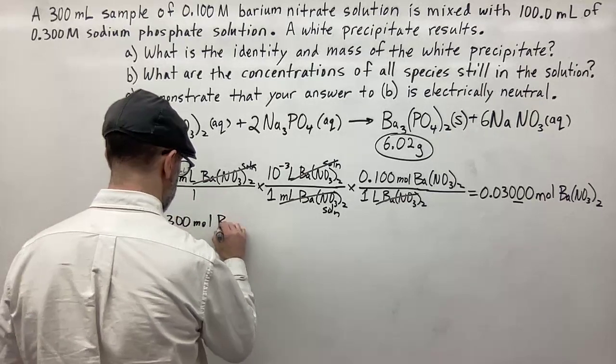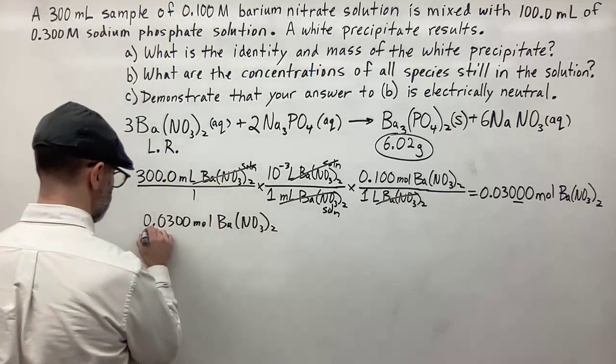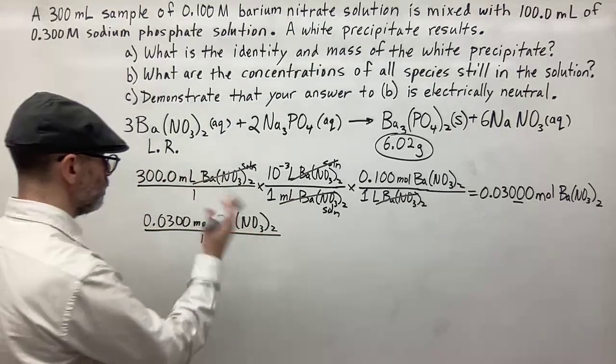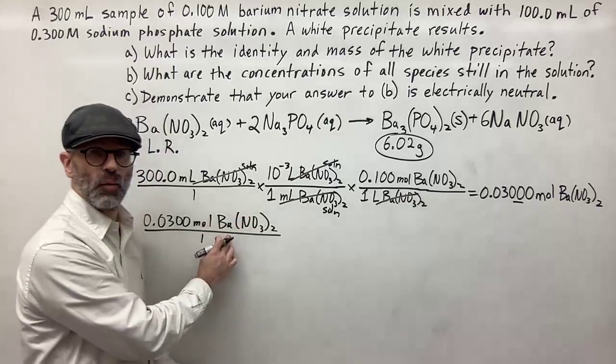If we convert this to moles of barium, for every 1 mole of this formula, we get 1 mole of barium.